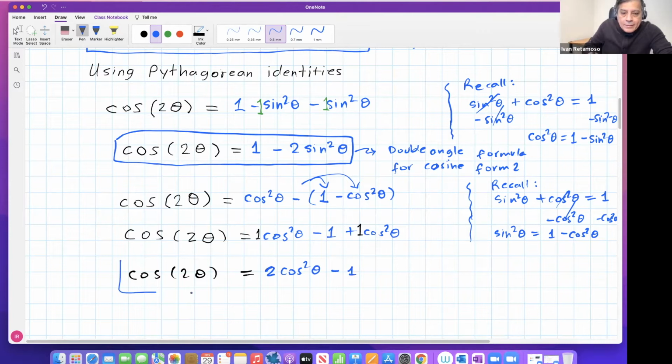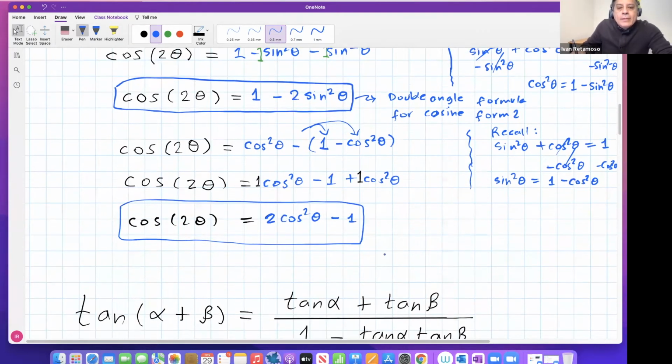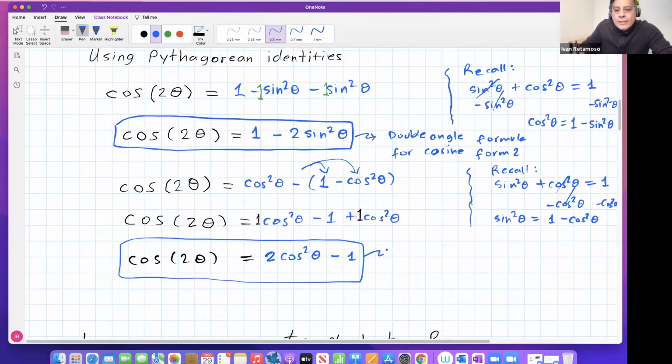And this, guys, believe it or not, is the third form. This is going to be the third form, double angle formula for cosine, form 3.